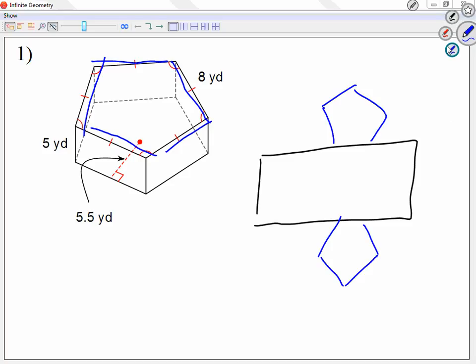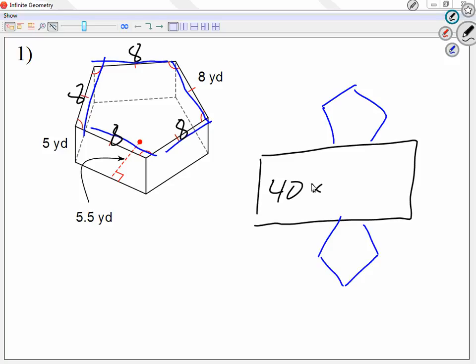Now, for the rectangle in the center, first let me get the perimeter of the base, the perimeter of the pentagon. For perimeter, remember I'm going to add all sides. Each side is 8. There's 5 of them. So 40. Either you went 8 plus 8 plus 8 plus 8 plus 8, or 8 times 5, since multiplication is repeated addition.